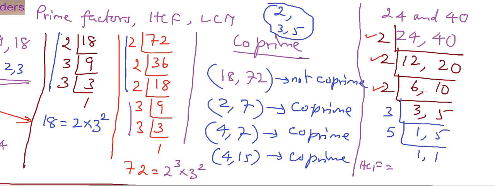So the HCF is 2 into 2 into 2 equal to 8. Okay, LCM is the product of all the numbers: up to this it is 8, so 8 into 3 into 5. So we get 120. So here the HCF is 8 and the LCM is 120.